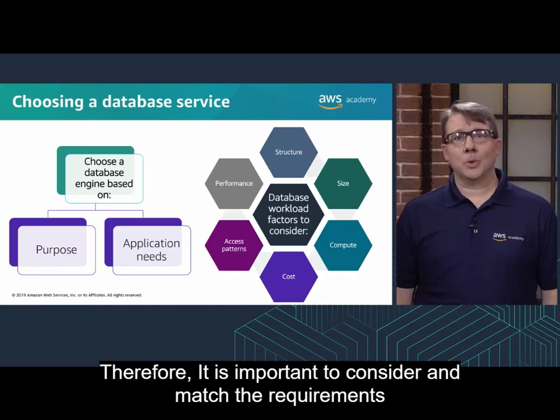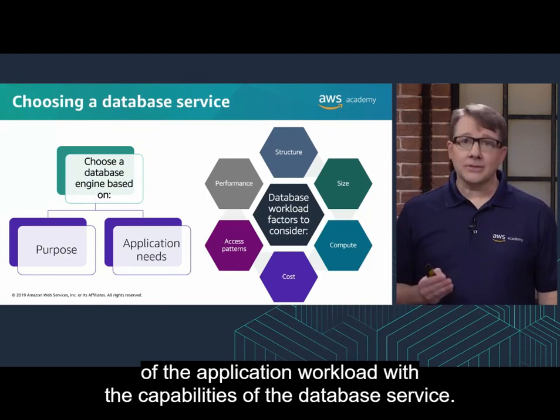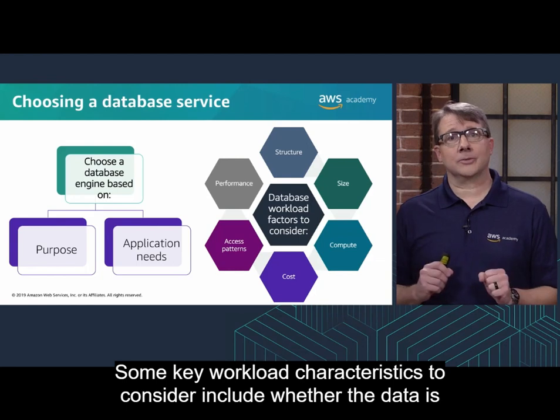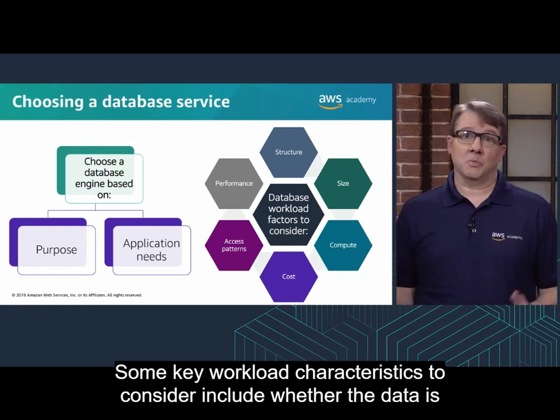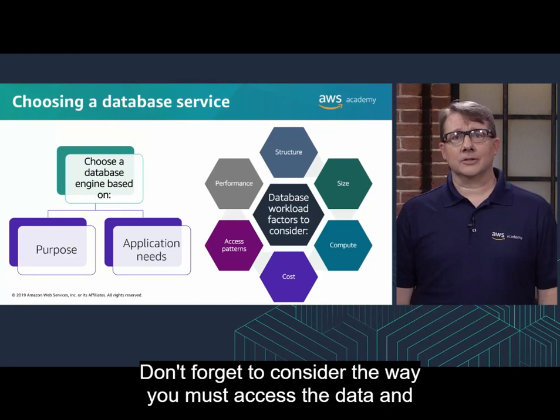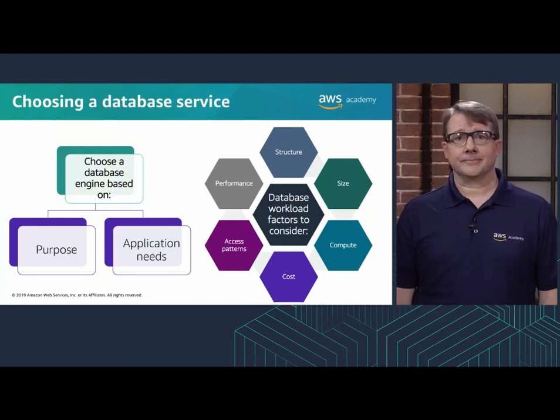Therefore, it is important to consider and match the requirements of the application workload with the capabilities of the database service. Some key workload characteristics to consider include whether the data is highly structured, the size of the data set, and your computational requirements. Don't forget to consider the way you must access the data and your performance needs.